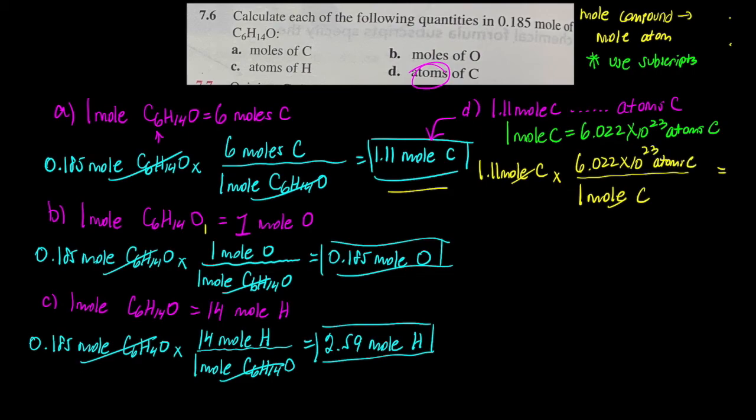And here you'll grab your calculator and punch this in, and you'll get 6.68 times 10 to the 23. And we want to write the units atoms of carbon.